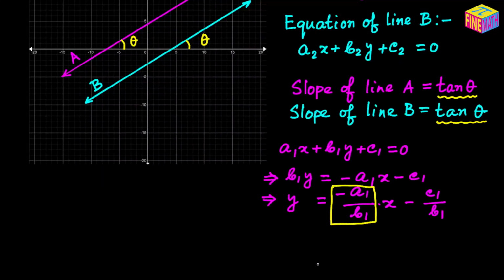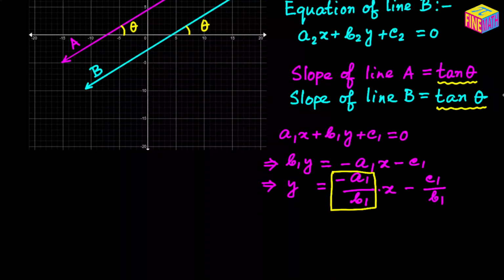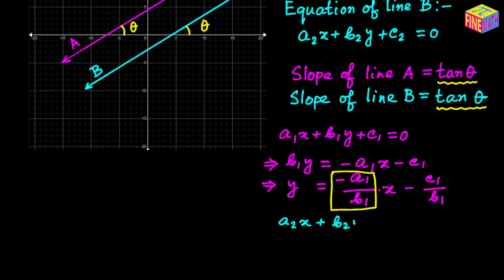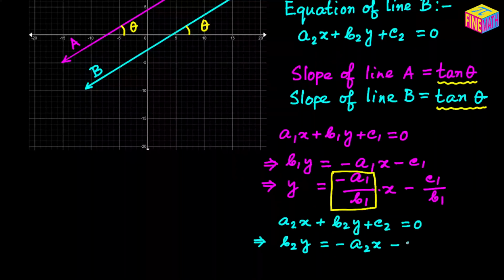Now let's also do the same thing for the second straight line. For the second straight line, which is line B, the equation is like this, so I'm going to write it right here. We have a sub 2 times x plus b sub 2 times y plus c sub 2 is equal to 0. Now from here we are going to do the same exercise. We are going to keep the y term on the left hand side, so b sub 2 times y is equal to negative a sub 2 times x minus c sub 2.